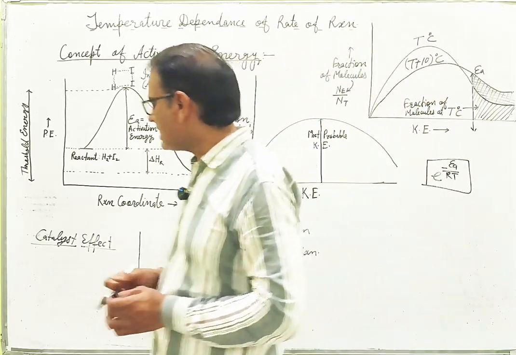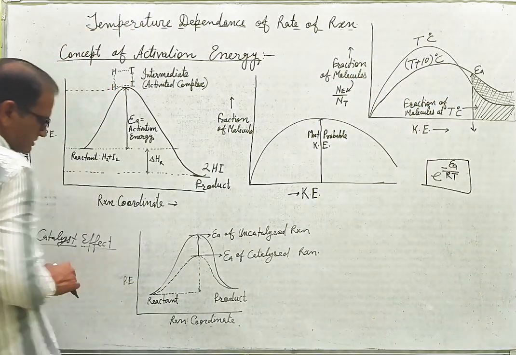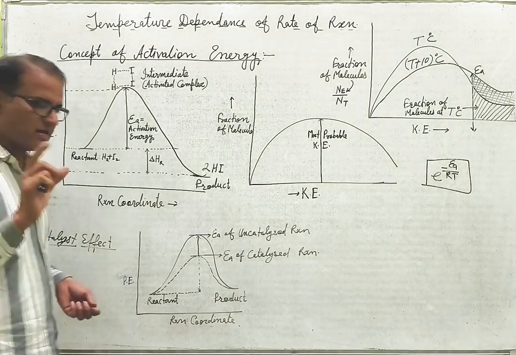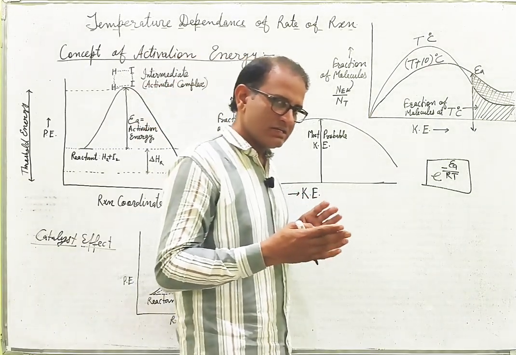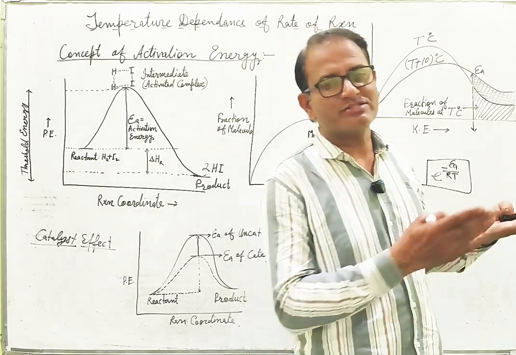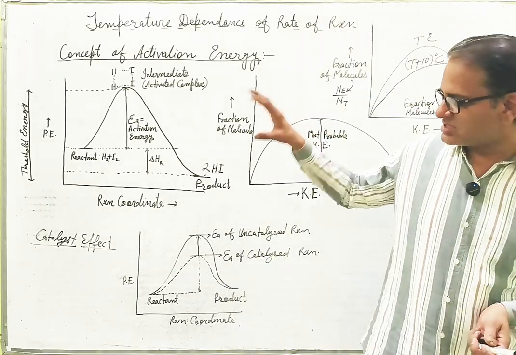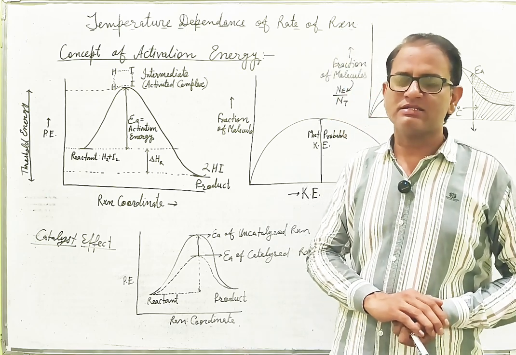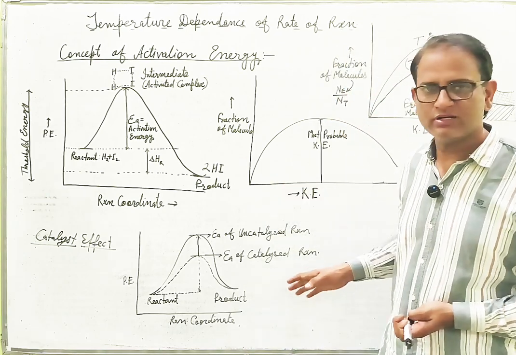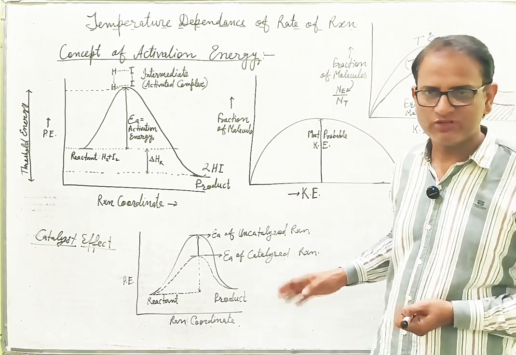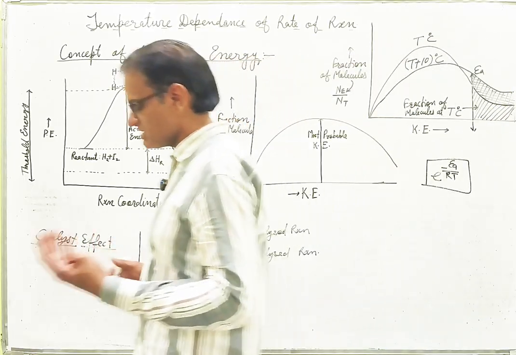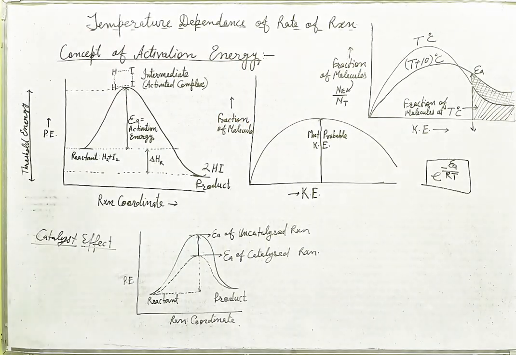The amount of catalyst required is very small, and at the end of the reaction the catalyst regenerates. It means this is a substance which itself does not take part in the chemical reaction and does not appear in the product. It will regenerate. Such types of substances are called catalysts.